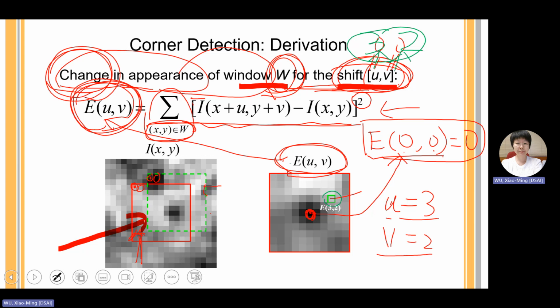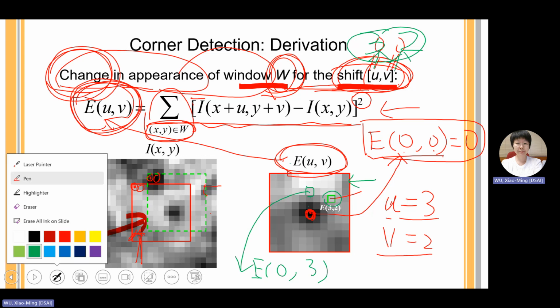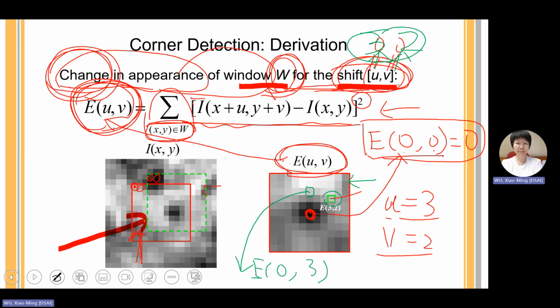For any other block, for example this block represents E03, and this represents the changes between the red window and the blue one.